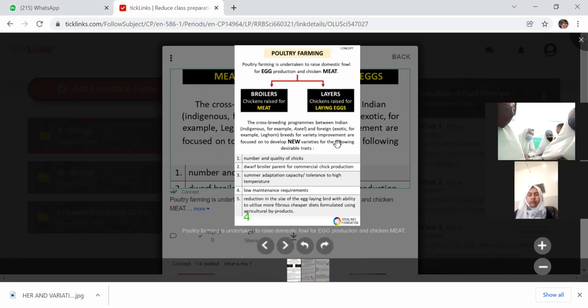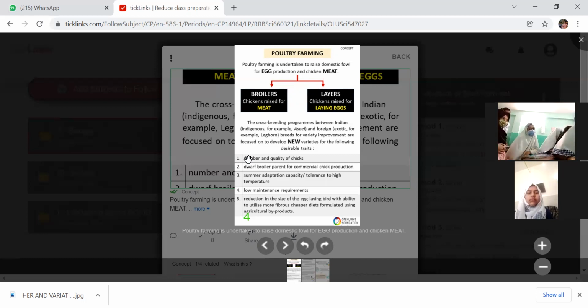Now, can anybody read what is written about the crossbreeding here? Ma'am, can I? Yes, Rita. The crossbreeding programs between Indian indigenous and foreign breeds.